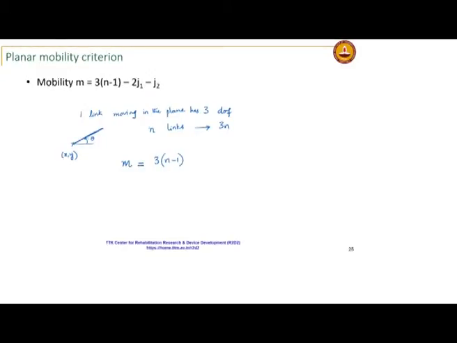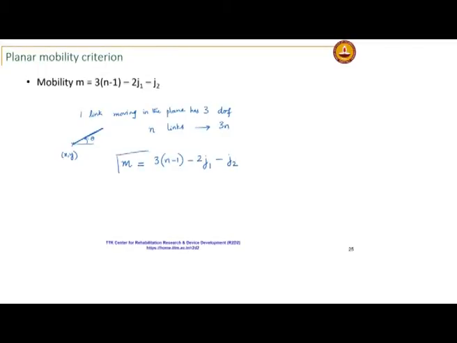For every single degree of freedom joint that I add to the mechanism, I am taking away 2 degrees of freedom, because the joint will only allow 1 degree of freedom. That is how I get the 2J1 term for single degree of freedom joints. If I add 2 degree of freedom joints, like a cam joint, that will take away only 1 degree of freedom, because the cam joint allows sliding and rolling.